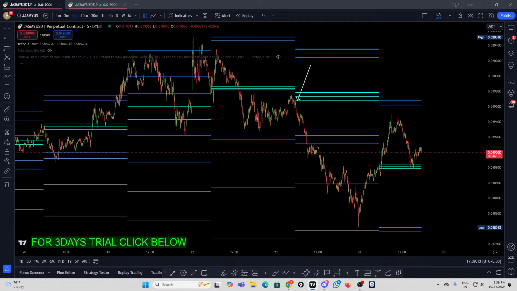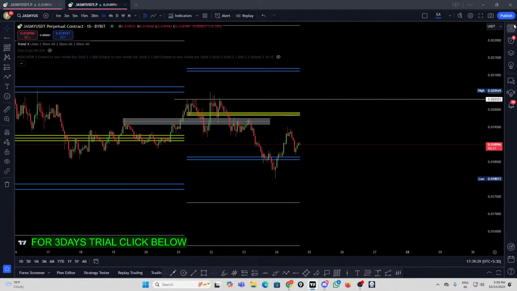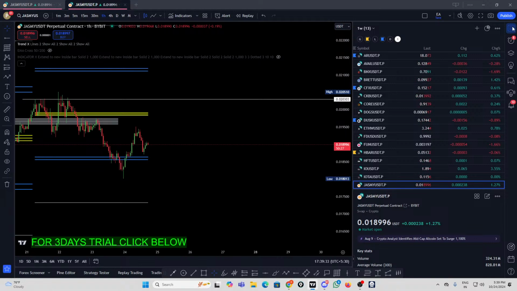Exactly, just look at this, from daily trend X we'll take the trades. From here all daily targets are done, it reached almost daily S3. Okay, so this was the second signal which I gave on YouTube. Here itself I gave that signal.